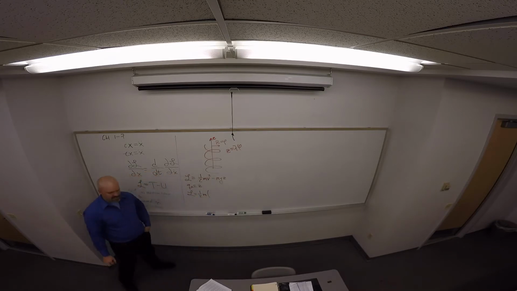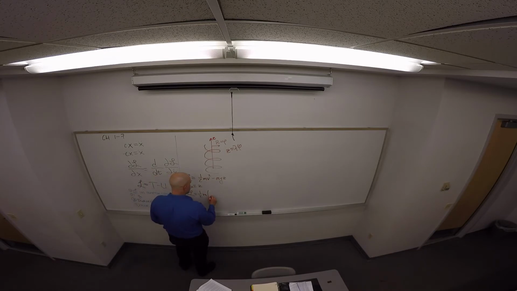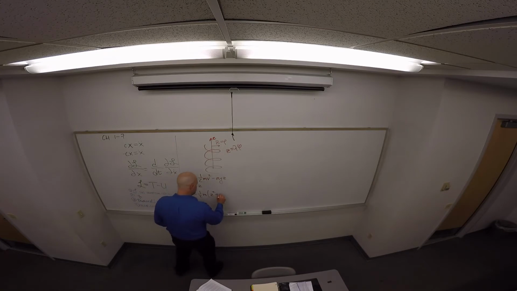What are the components of the velocity? z dot. So I think the velocity is going to be the square root of z dot squared plus one other term, r phi dot, squared. R squared phi dot squared. Well, we need to get everything in terms of z, so let's solve this here.